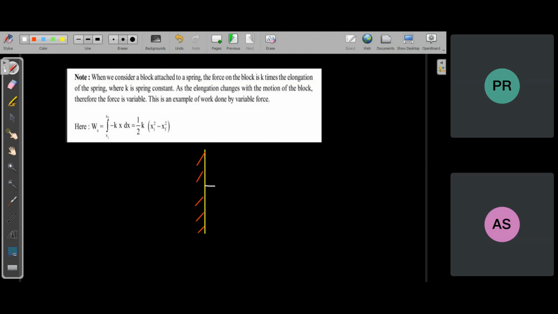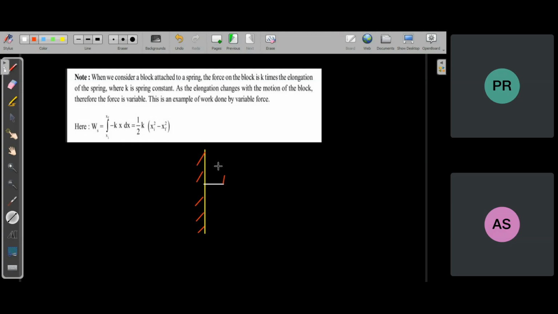To one end of this wall a spring is attached, and to the other end an external force is stretching it, trying to stretch it. Now here you can assume that initially the spring is in natural length, maybe, and maybe not.